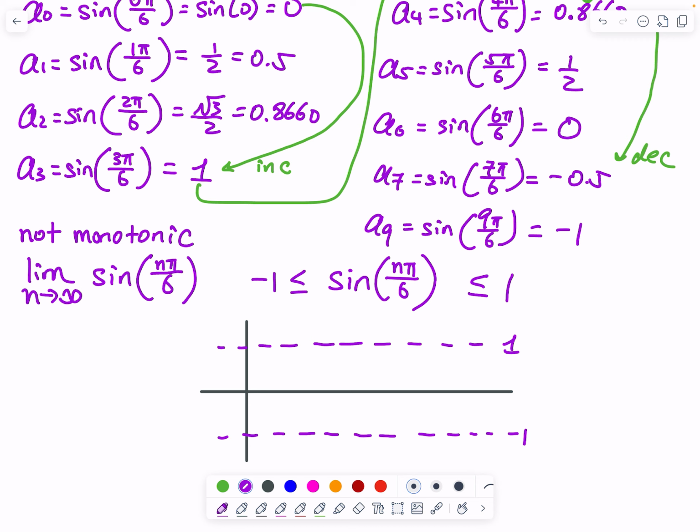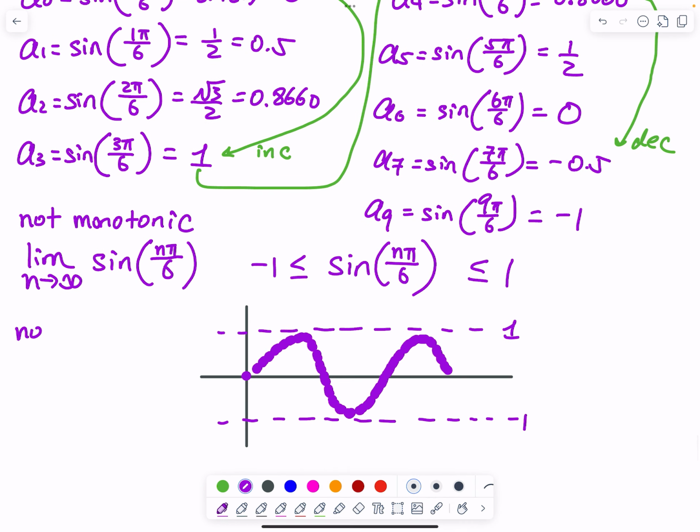And then we will have something that bounces up and down like this. So this is not monotonic and this is not bounded.